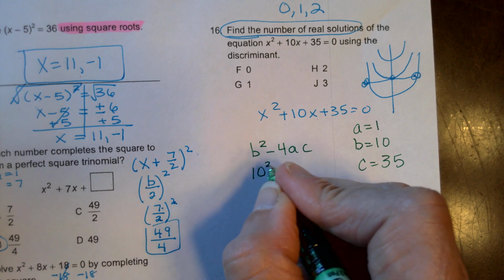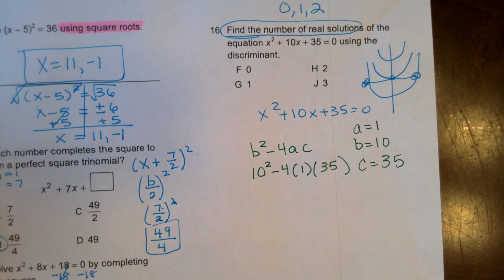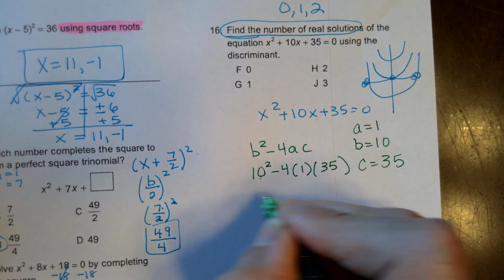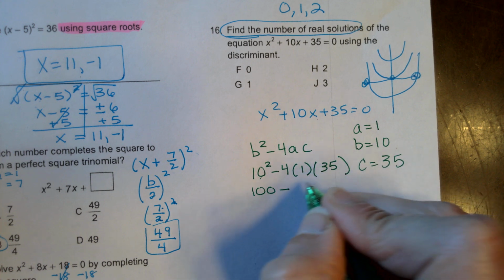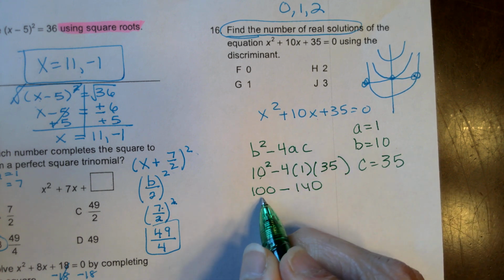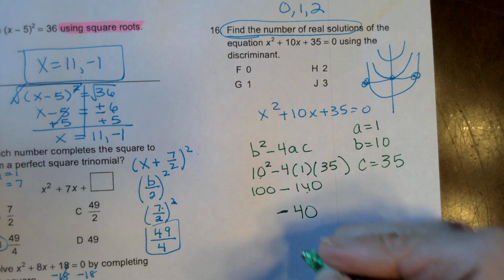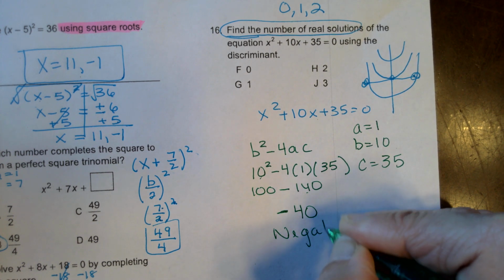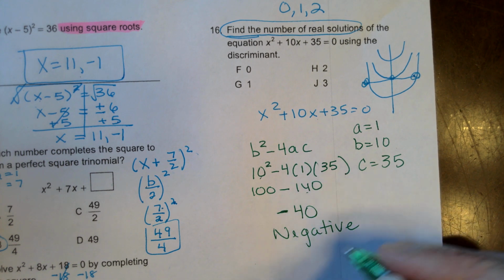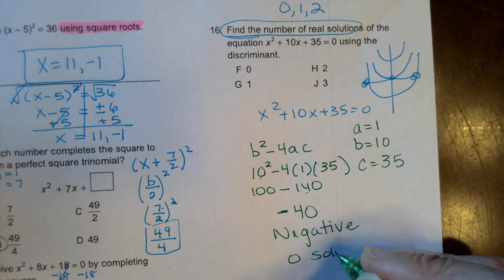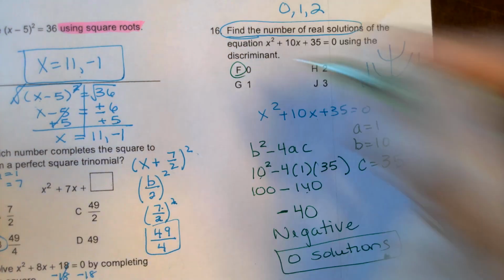So I've got 10 squared minus 4 times A times C. All right. 10 to the second is 100, minus 4 times 1 is 4, times 35 is 140. 100 minus 140 is definitely a negative 40. That is a negative number. The number you get isn't as relevant, although I will be checking the work. So when you have a negative number, that means there are 0 solutions. And that is your answer, F.